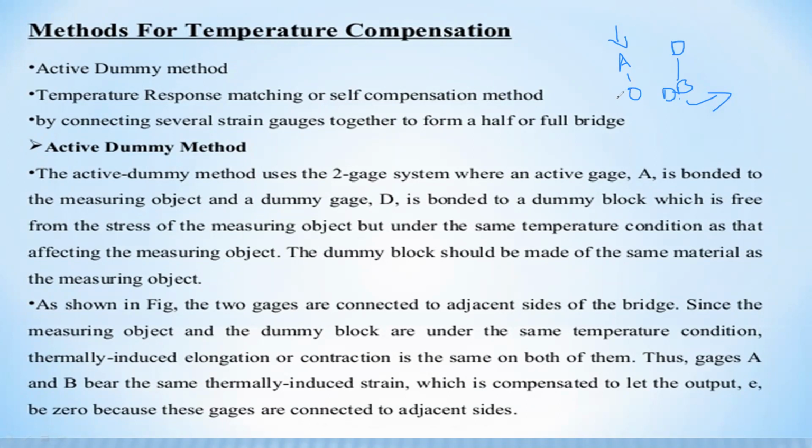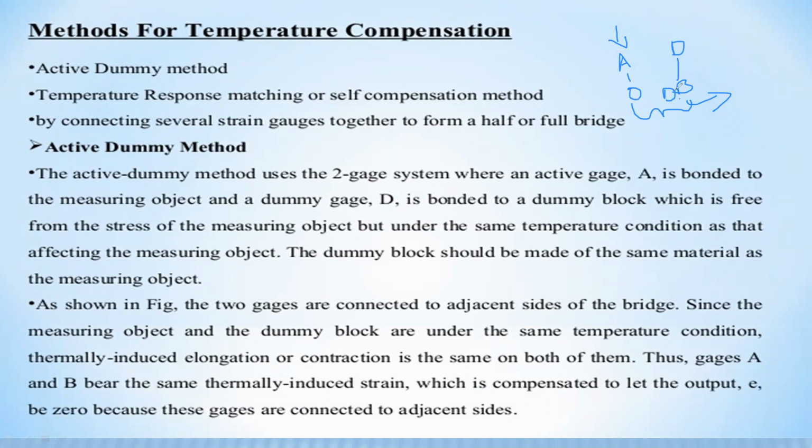But the temperature varies on both these strain gauges. The temperature changes on both, with the same temperature condition as that affecting the measuring object. The dummy block should be made of the same material as the measuring object.